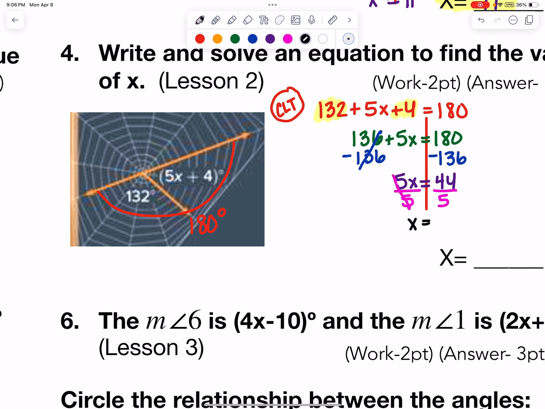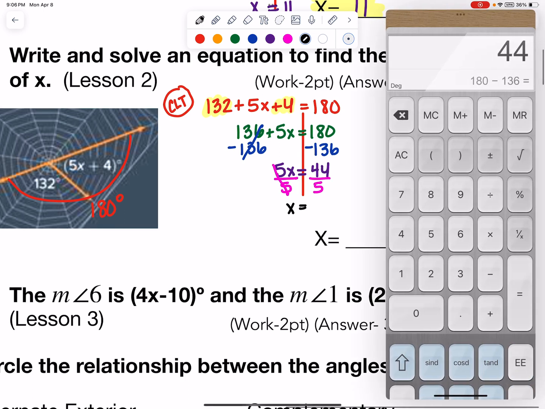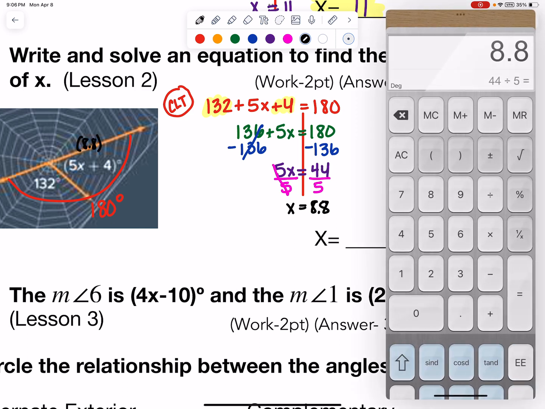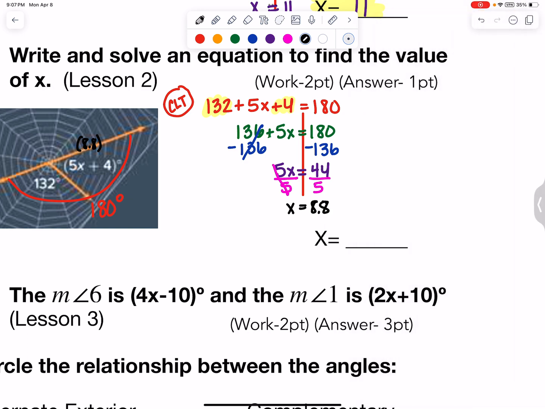We know that 44 doesn't work evenly nicely when we divide by 5, but that's okay. We get 8.8, and if you're unsure, then you just test it out by putting 8.8 in for x. So if you want to test it out, we have 8.8 times 5 equals 44 plus 4 is 48 plus the 132, and we get 180. So this is actually correct. Trust your math.